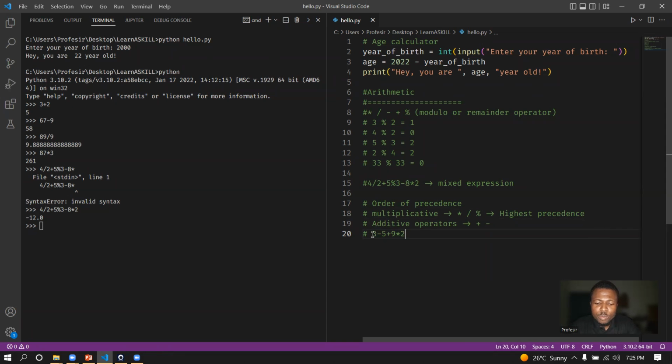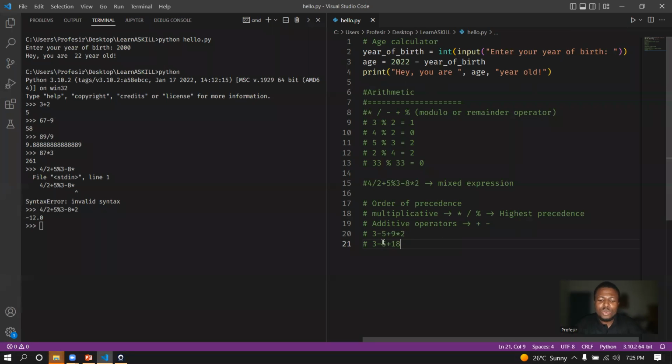Remember, first look through and find the multiplicative operators. Fortunately, we have multiplication here. So you will skip subtraction, skip addition, and first evaluate this multiplication. So we have 9 times 2, which gives us 18. So our next step is going to be 3 minus 5 plus 18.